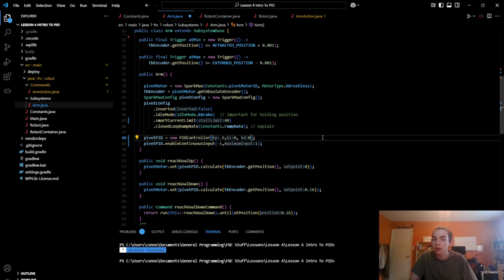In reality, your arms are often going to be made of aluminum, and that can be pretty heavy for one motor to carry. So you might have a proportional value, and you might just see nothing happening. That doesn't mean the motor's not putting out power. That just means the motor is trying to put out power, but it's being overpowered by that weight.